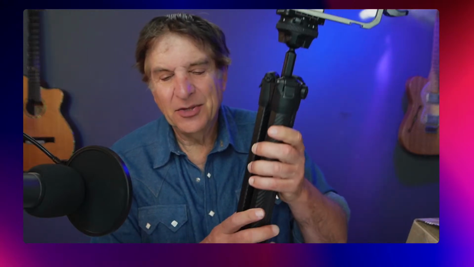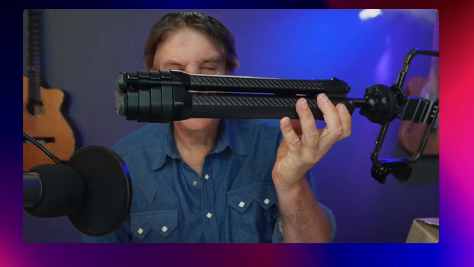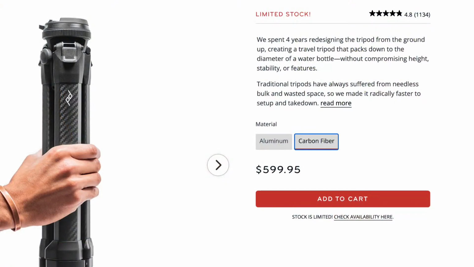So this is the Peak Design travel tripod, which sells for $379 or $599. So the carbon fiber is $600, which is what I have here.